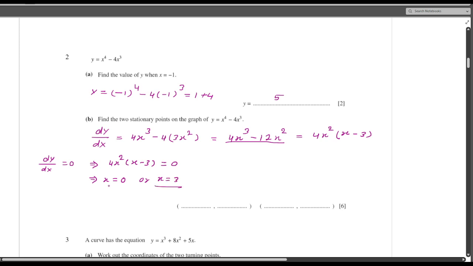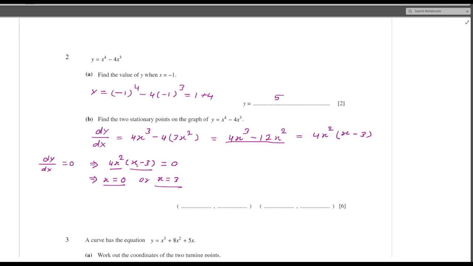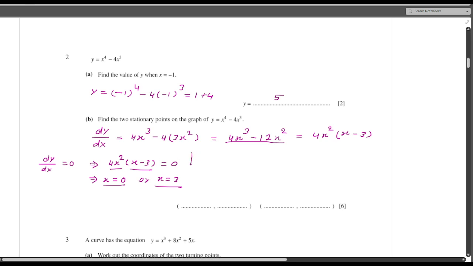How do I say that x is 0 or x equal to 3? Because the product of these two terms is 0, so either of the two terms will be 0. Either 4x square will be 0 or x minus 3 will be 0. So I got the x value as 0 or 3.